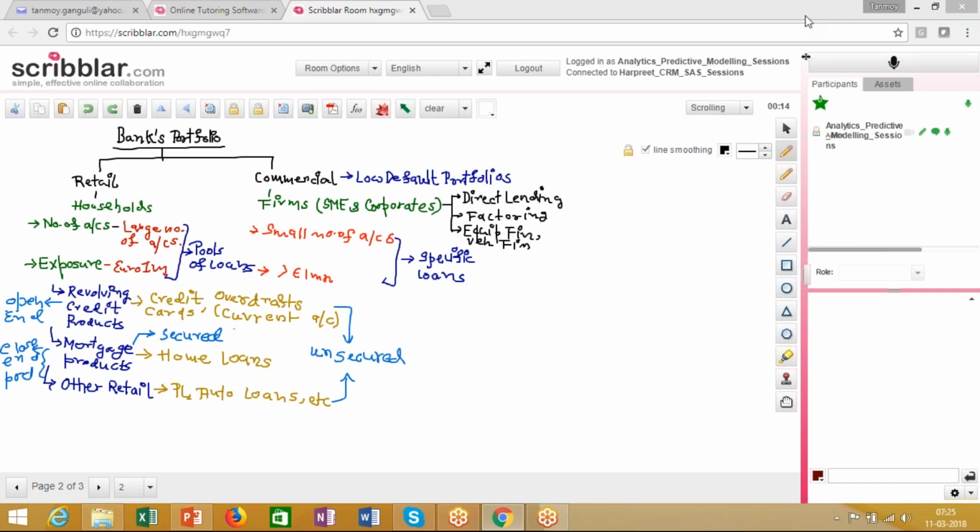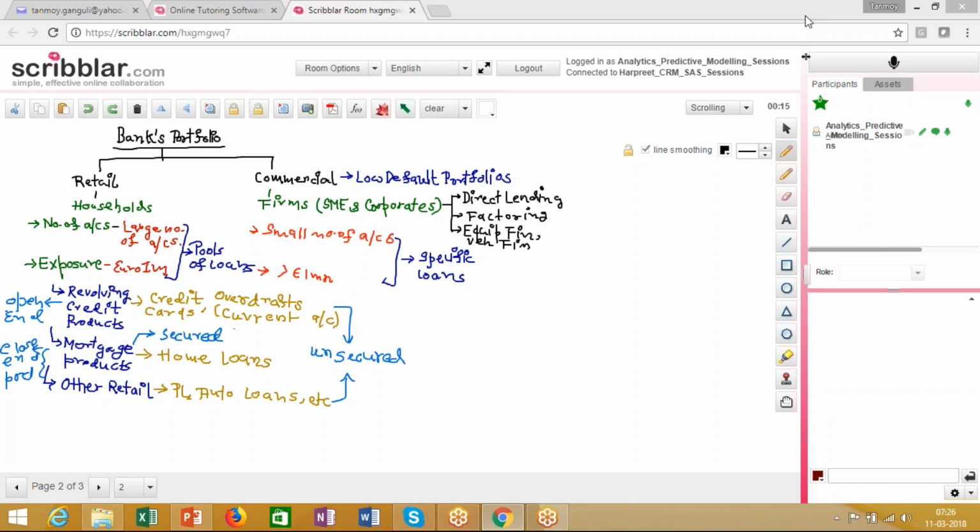So these are different ways of financing the commercial products. Say there is a person who wants to start a transport business, and for that he is purchasing a fleet or a set of vehicles, trucks, something like that, and hence the finance that is given to him is against the number of trucks that he is buying. So this physical volume of trucks is used as collateral for giving out these loans, right?